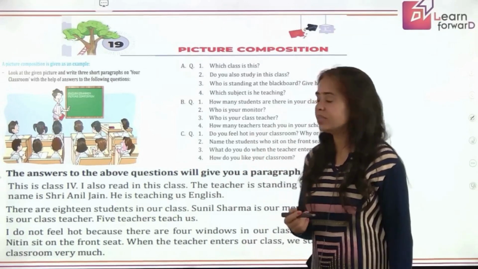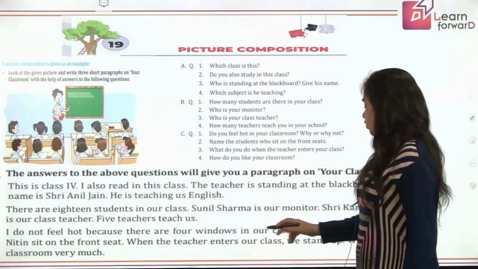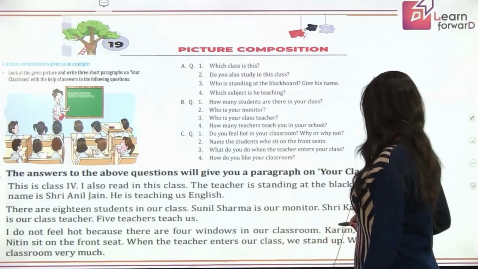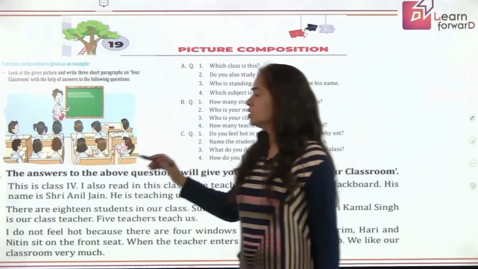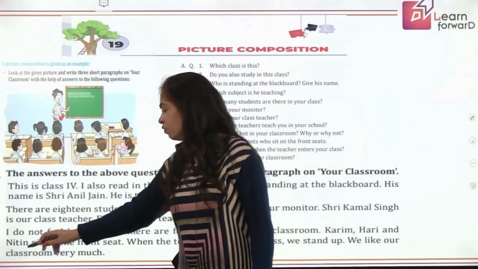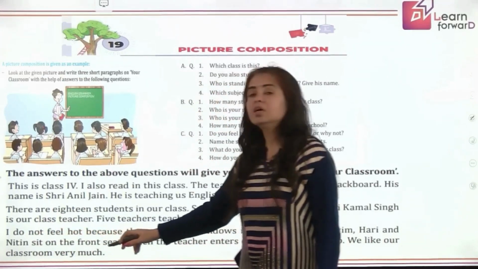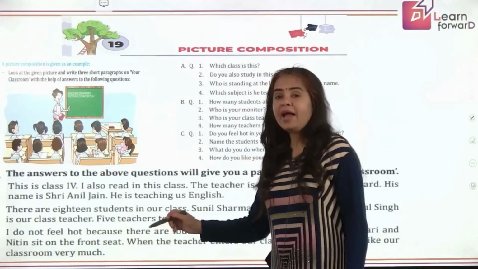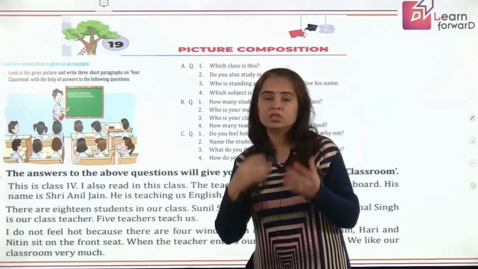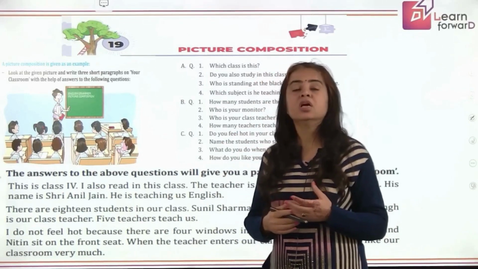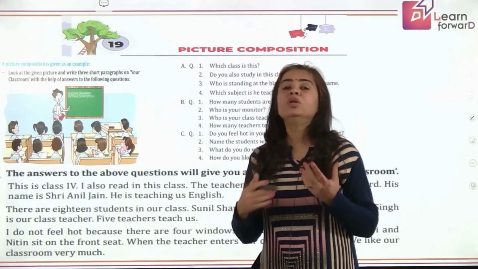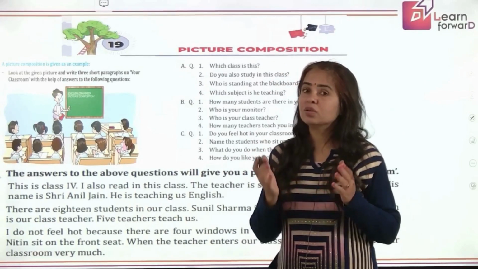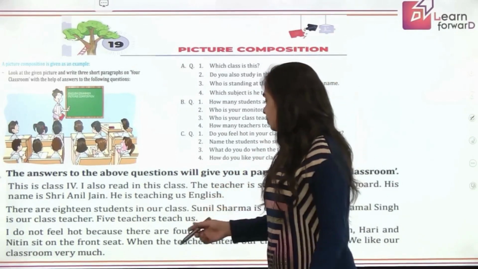They keep the room ventilated. 4 windows in our classroom. Then he's telling who sits in the front seat. Nitin sits on the front seat. And if there is student circulation on the seats, you can also mention that we do rotation in our class. So the first seat is not fixed for anyone.